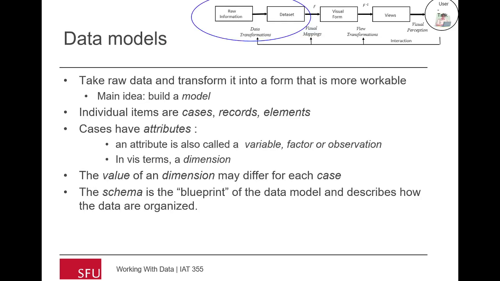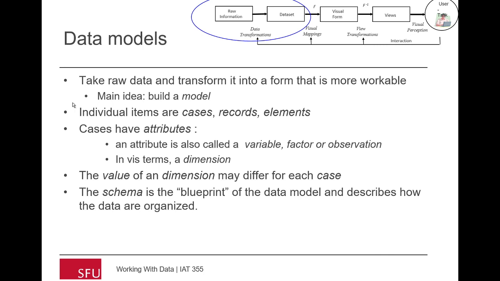So the next thing I'd like to talk about is the first stage of transforming raw information into a data set. I've given this a general title of data models. And what that means is to take raw data and transform it into a form that is more workable and suitable for a visualization system.